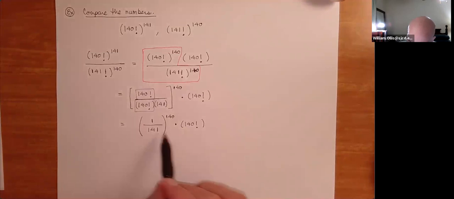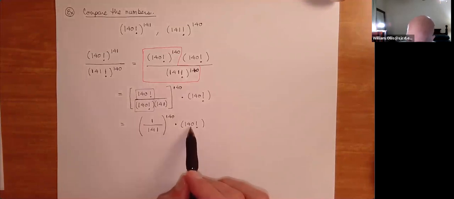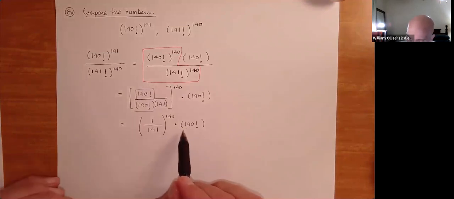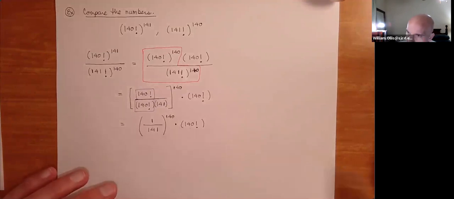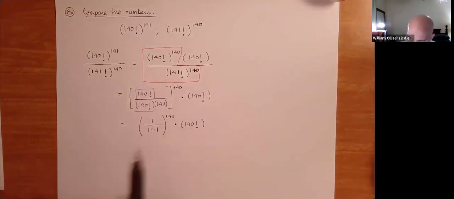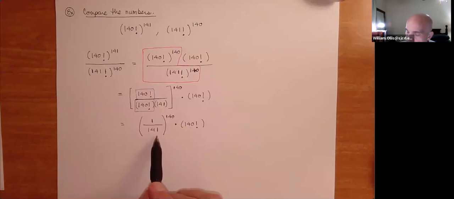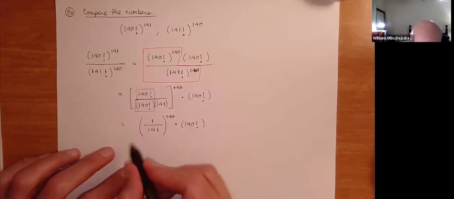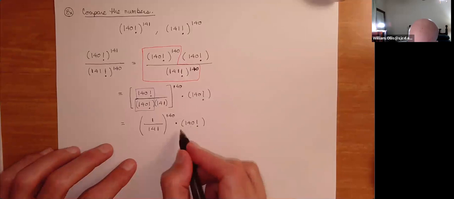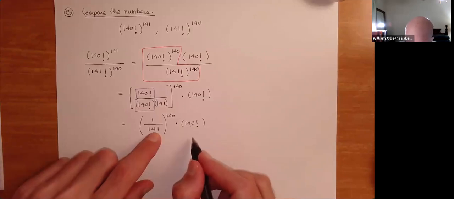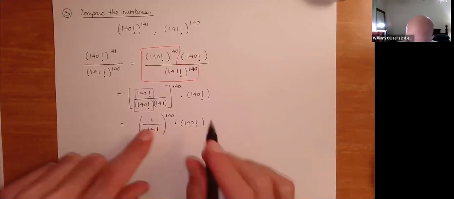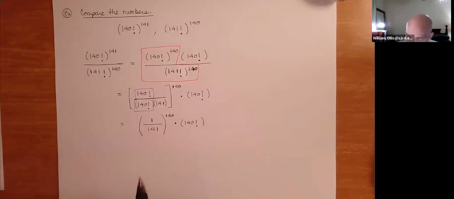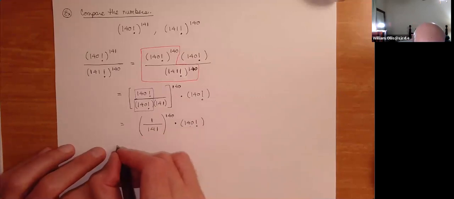When you look at this, this gives you all the factors starting at 1, 2, 3, all the way ascending to 140. And all of these factors here are bigger than every factor in this. And there are 140 of them. So the key here is that this exceeds all the factors here. So this quantity is actually less than 1. But let me show you why.